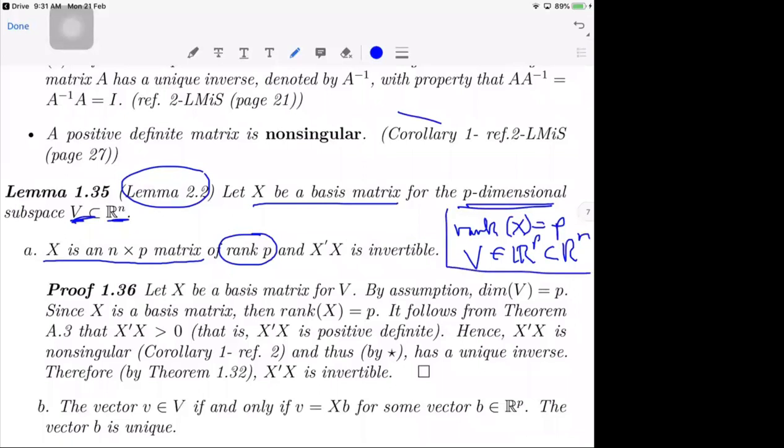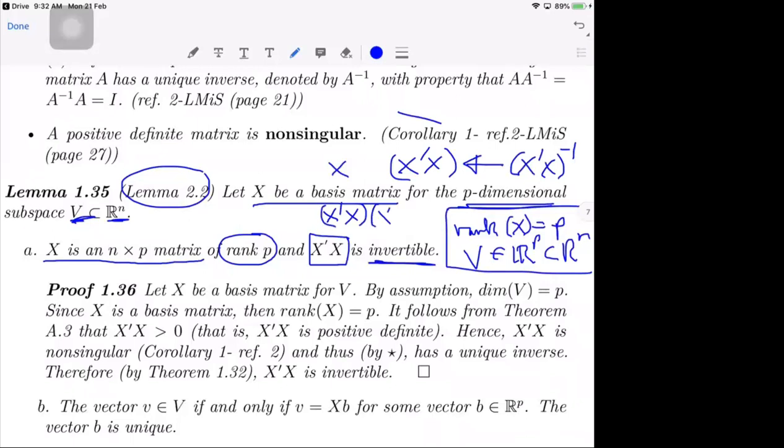If these assumptions are satisfied, who is invertible? X prime X is invertible. No, not X, okay? X prime X is invertible. So what does it mean to be invertible? It has a unique inverse such that X prime X inverse is equal to the identity matrix, whether you post-multiply or pre-multiply.